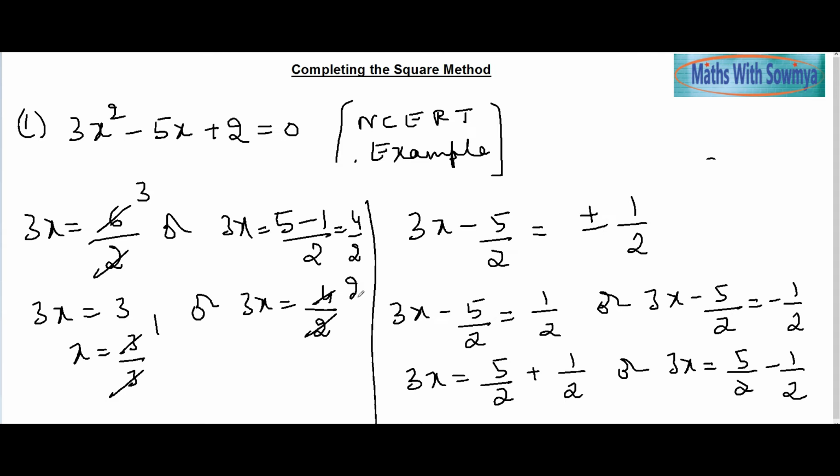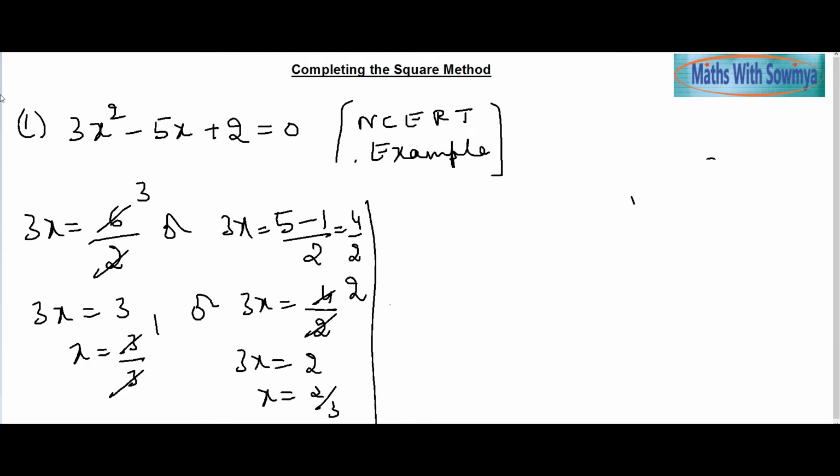This will give me 2. So 3x is equal to 2. x is 2 by 3. So we got the two values of x here. I can say here this is x is equal to 1. Therefore, x is equal to 1 or x is equal to 2 by 3.